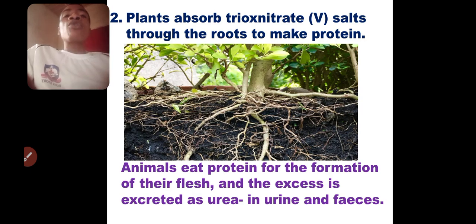Then animals also can eat protein for their flesh formation, and the excess of that protein is normally excreted as urea. Urine contains urea, feces also contain urea. All these are nitrogenous compounds.